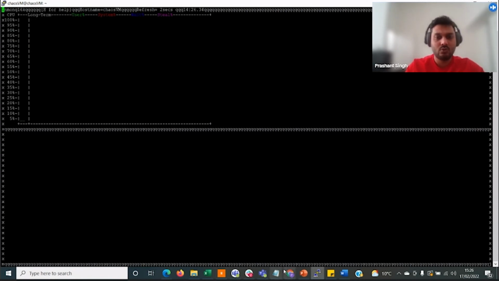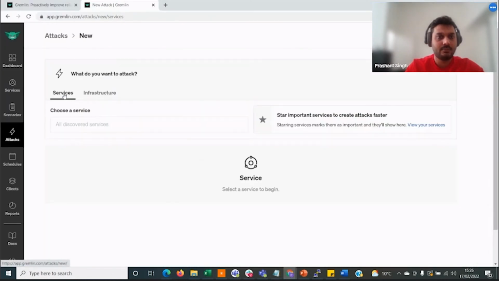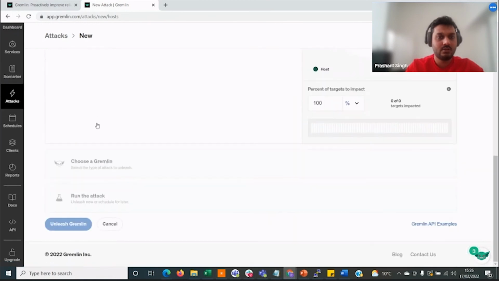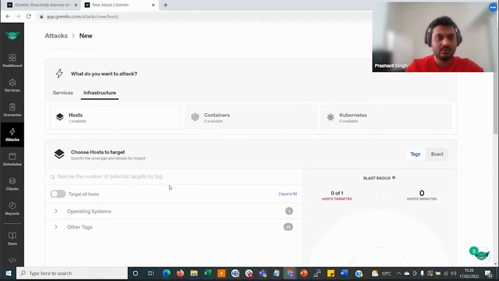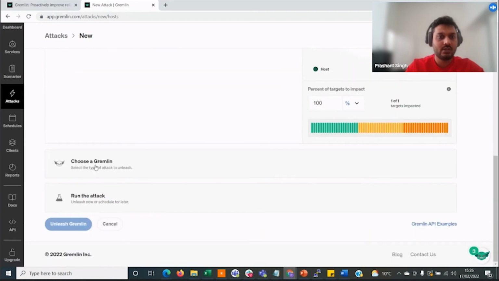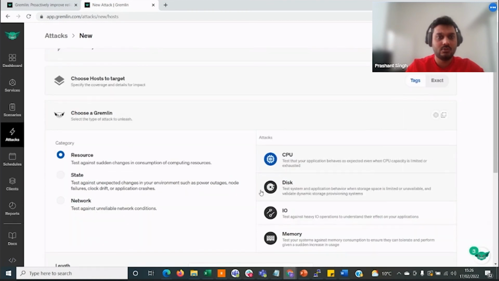Now what I'm going to do is a new attack on the infrastructure level. One host is available. I have to select the host. So this host is selected now. And I have to choose a gremlin. So I'll go to resource, I'll select the CPU.